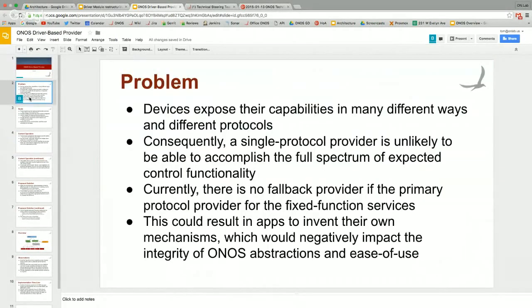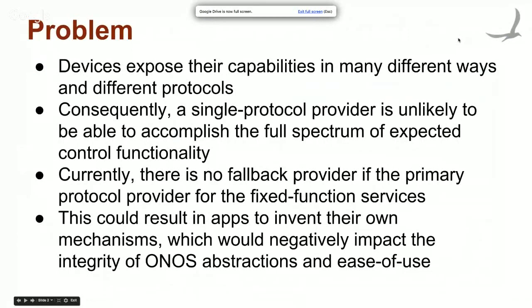Let me switch to full screen here. So today what we find out is the devices expose their capabilities in many different ways and through different protocols, not just one. What that means is that a single protocol provider is unlikely to achieve the full spectrum of capability.